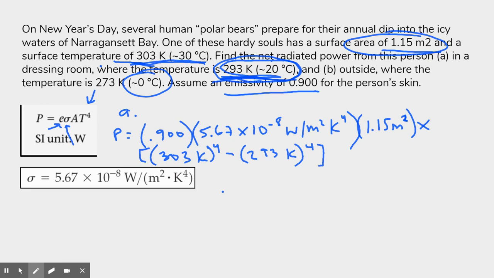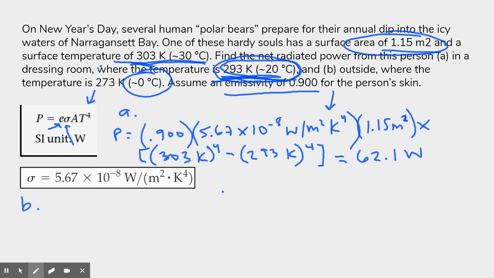And I chose to use the Kelvin temperature here because this unit of Kelvin is present and it won't cancel out otherwise. So when we do this math, you should find 62.1 watts. Okay, that was the power that would be radiated in part A.